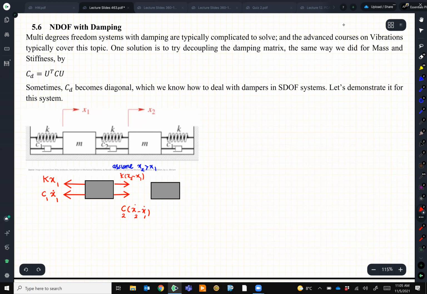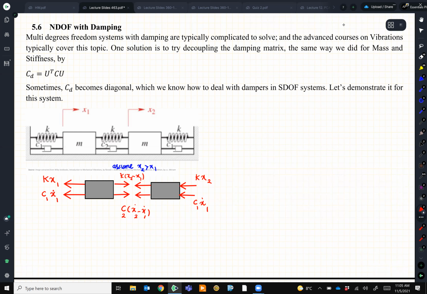So if I have the forces for one side, I know the reaction will be the same for the other one, in the opposite direction. And these guys over there, we know they're going to be under compression because of the direction of x2. So I have Kx2 and here C1 x dot 1.